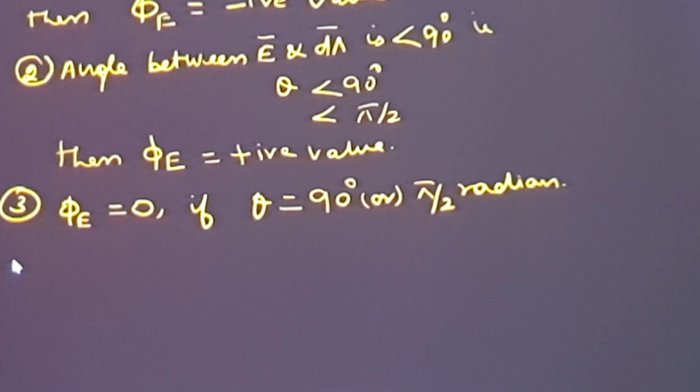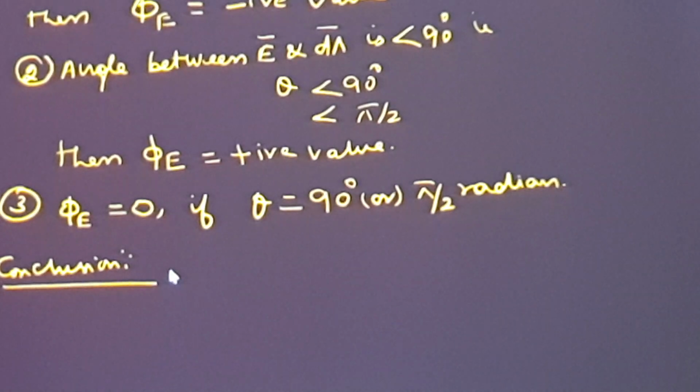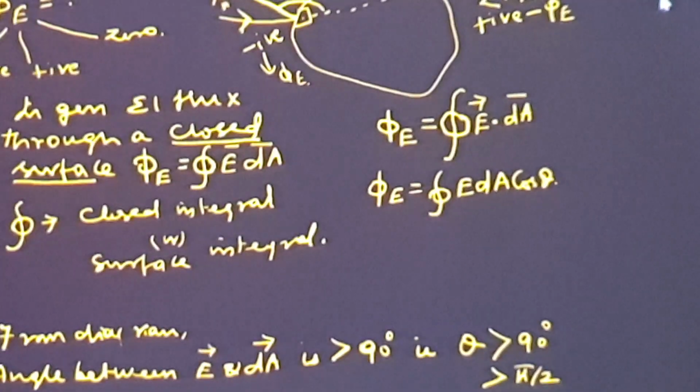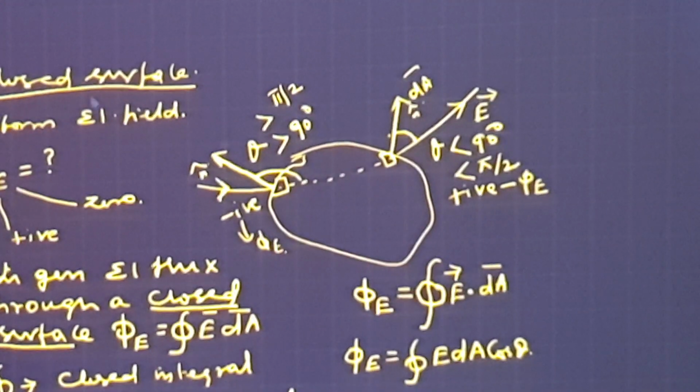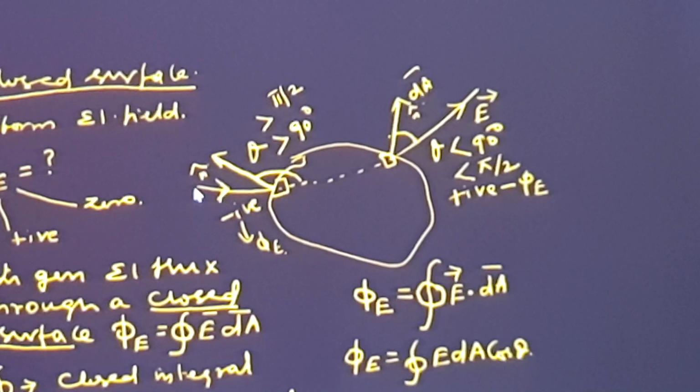So we can write the conclusion in another way also. While explaining the diagram, I told you that in this closed surface, at this end, the electrical lines of force are entering the surface.